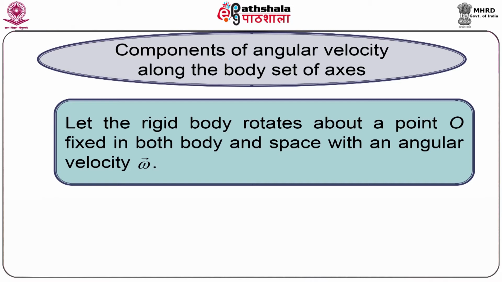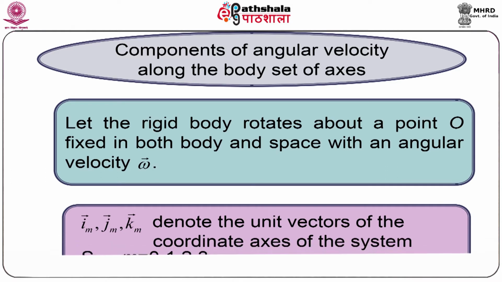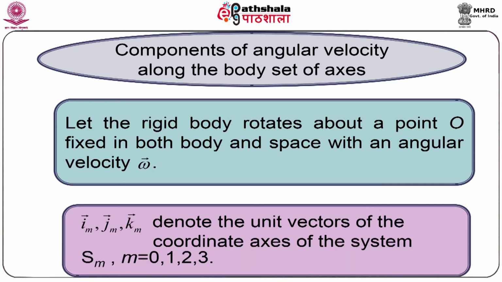Let us suppose that a rigid body rotates about a point O fixed in both body and space. Let Ox, Oy, Oz be the three mutually perpendicular axes through O and fixed in space. At any time t, let the body have an angular velocity omega vector referred to these axes.